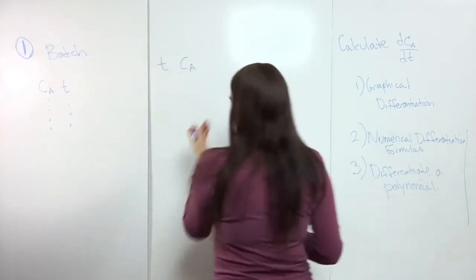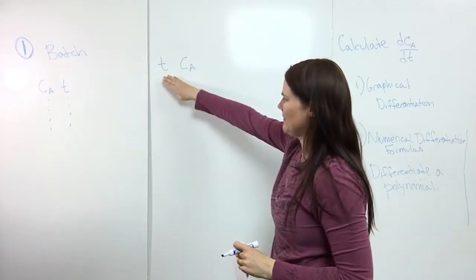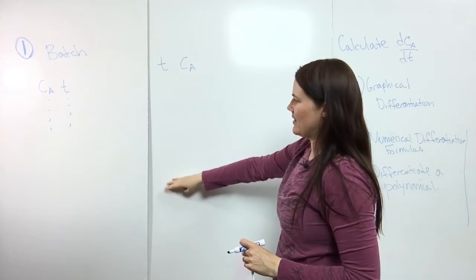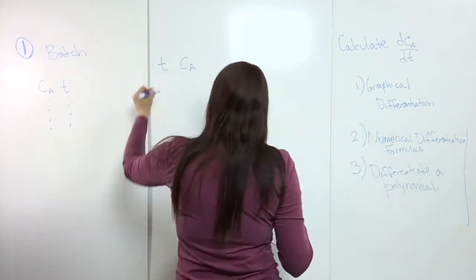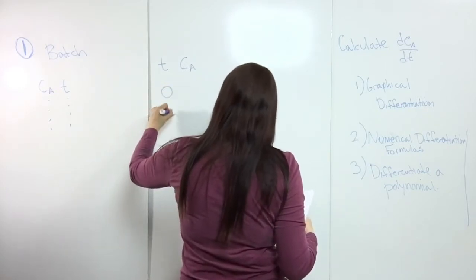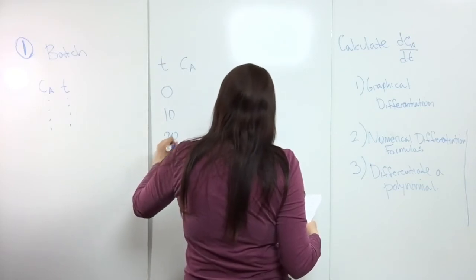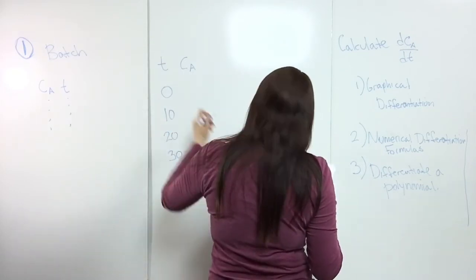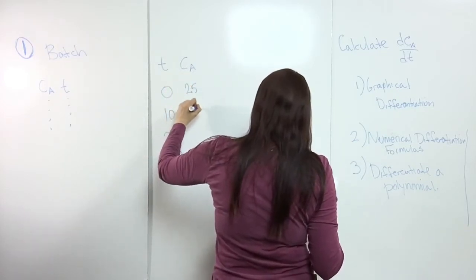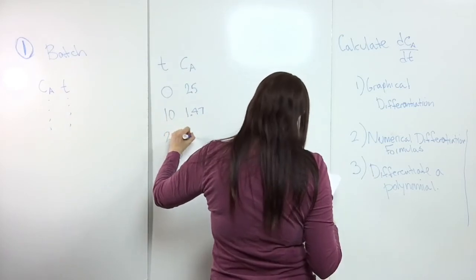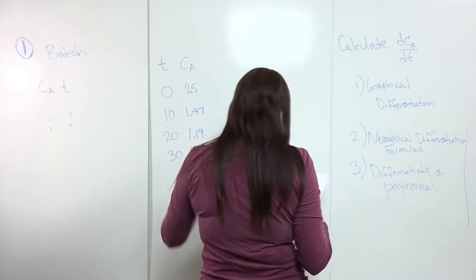So T, CA. What I usually do when I'm doing the graphical differentiation is, first of all, I write down my data in this fashion. So for T, you have 0, 10, 20, 30, and for CA, for 0 it was 2.5, for 10 it was 1.47, for 20 it was 1.19, and for 30 it was 1.04.